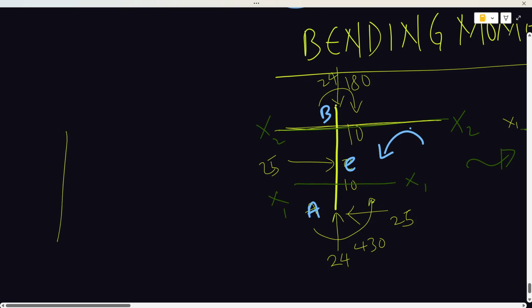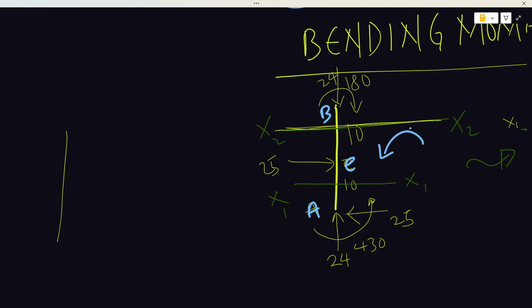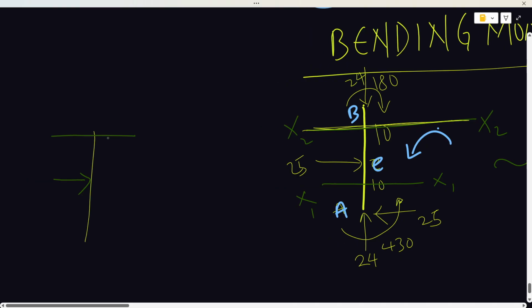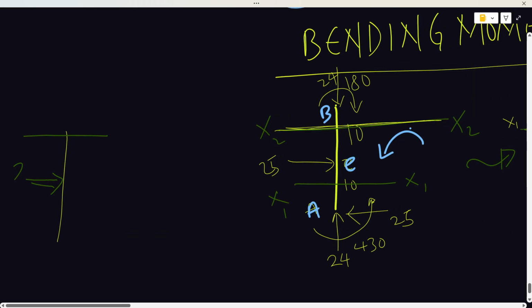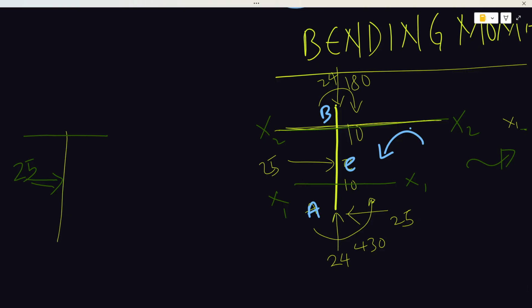It's either I cut my beam at X2 here and use this part, or I use the other one joining it, which is much shorter.